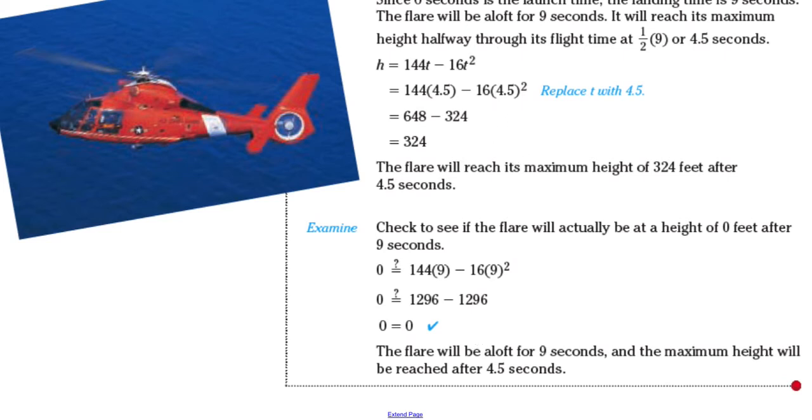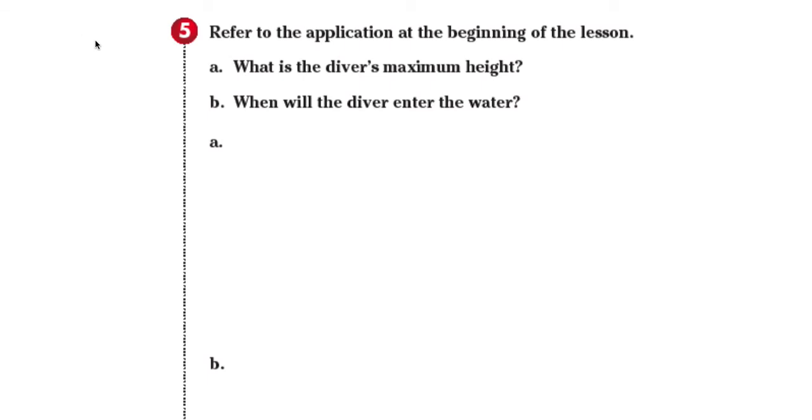Let's finish this up with the last example. Let's go back to the beginning of the lesson. What is the diver's maximum height? And when will the diver enter the water? The diver will reach the maximum height after a quarter of a second.